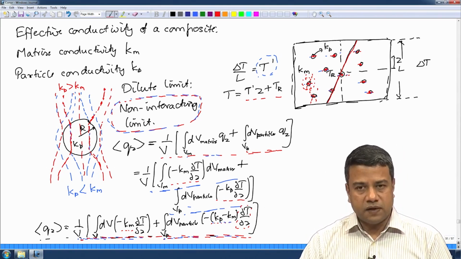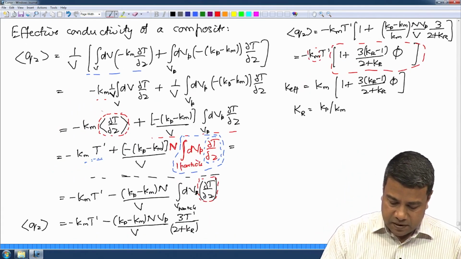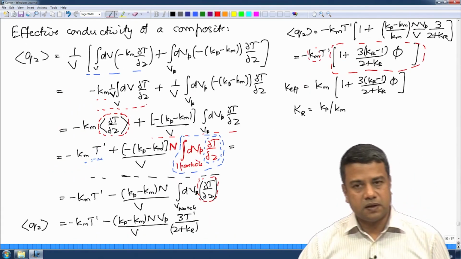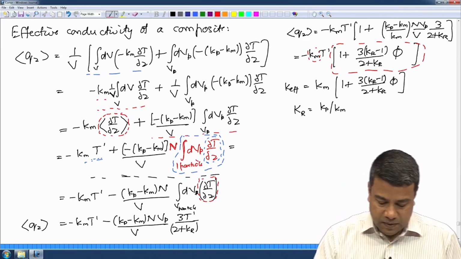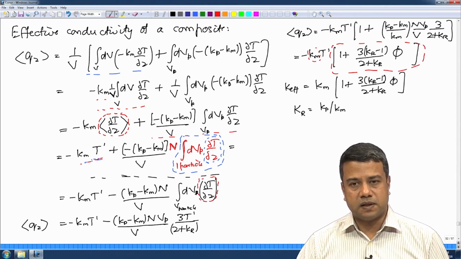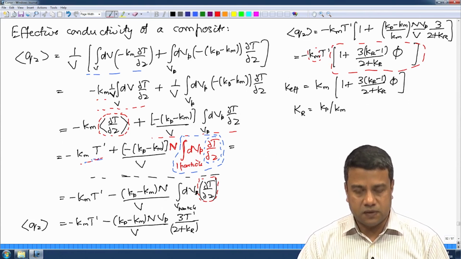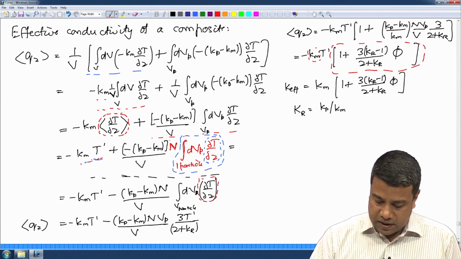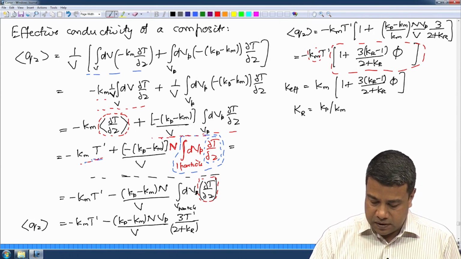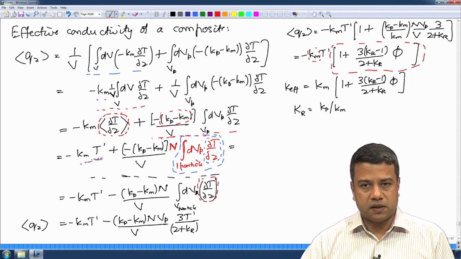The advantage of doing it in this manner is that the first term just reduces to an average of the gradient over the entire volume. That has to be, of course, equal to the applied temperature gradient, because the average temperature gradient over the entire volume has to reduce to the applied temperature gradient. The second part was an integral over the particles alone, the difference in conductivity times the temperature gradient within the particles alone.